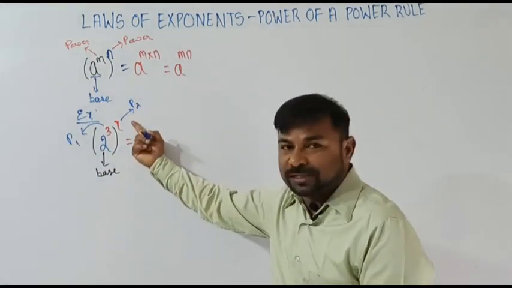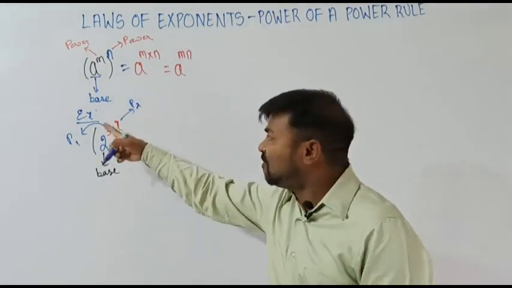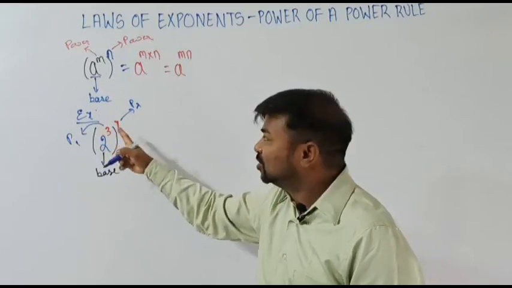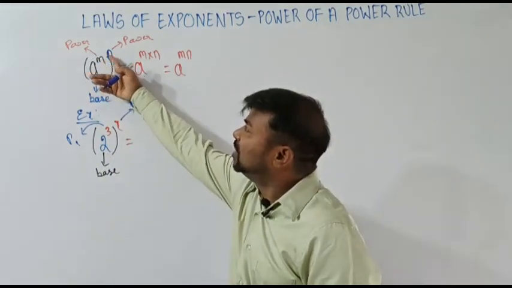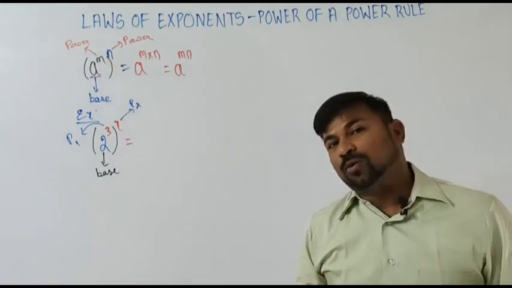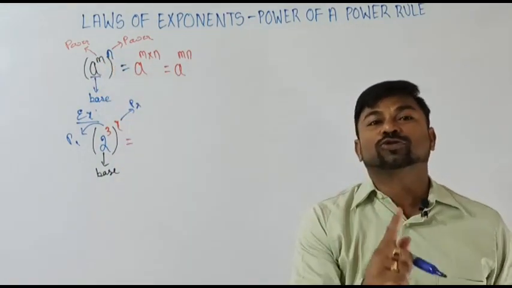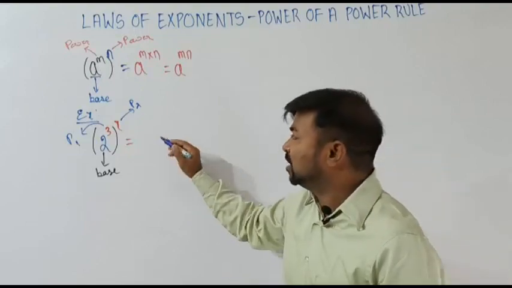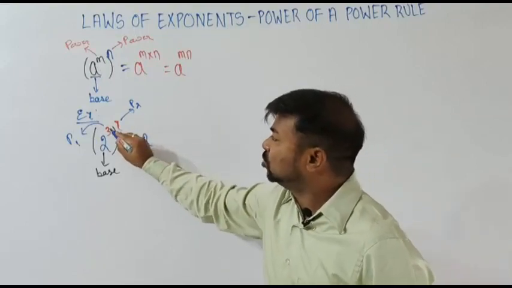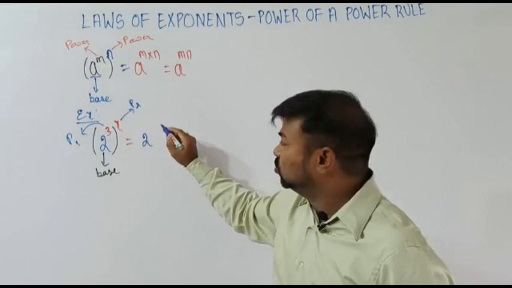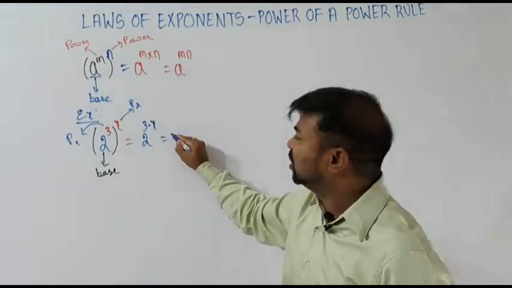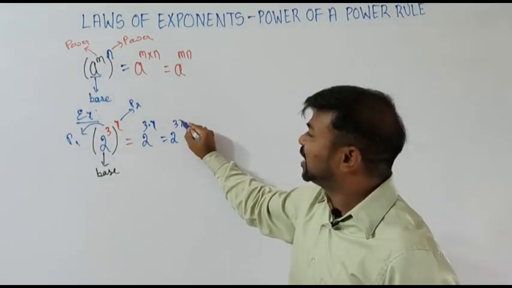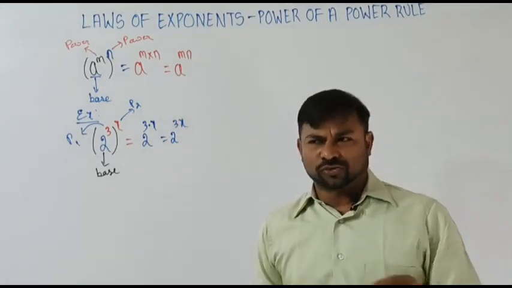So this power is the power of this power. Please remember, this is the first power and this is the second power, and the logic says we are supposed to multiply the two powers. Then what is the answer we get? 2 to the power first power into second power, that is 3 into x, or straight away we write it as 3x. It's straight and simple.